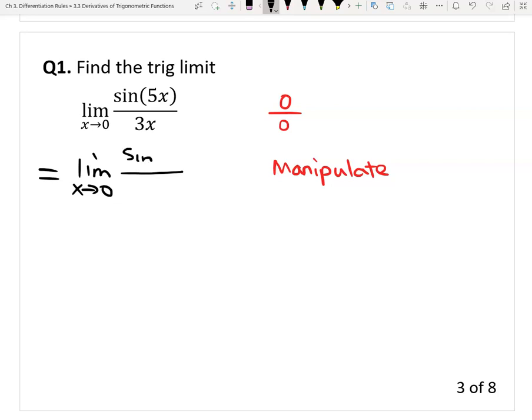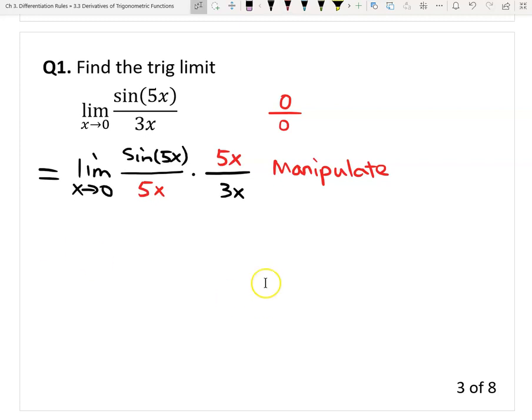The original is sine 5x over 3x. I put here times 5x to the denominator and times 5x to the numerator.